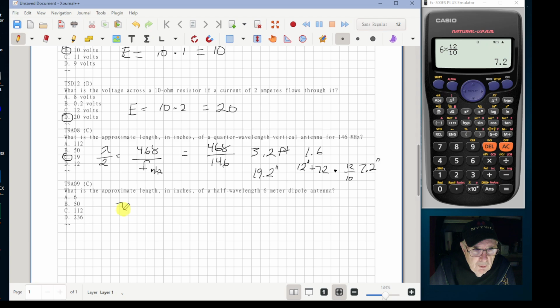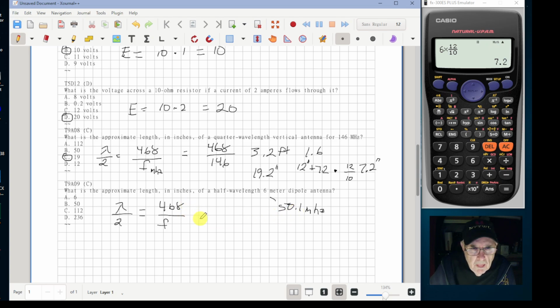We have a half wave. That's the full wavelength divided by 2 is equal to 468 divided by the frequency in megahertz. So what is the 6-meter band? Well, if you look that up, you'll see that it's about 50.1 megahertz. Matter of fact, they do this exactly in the technician book.